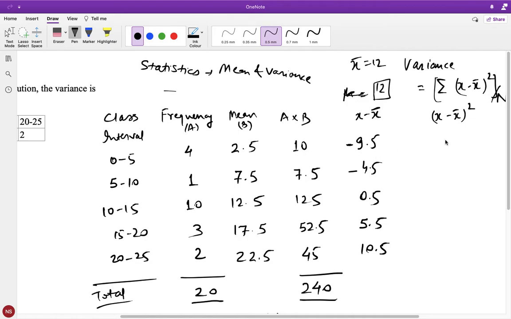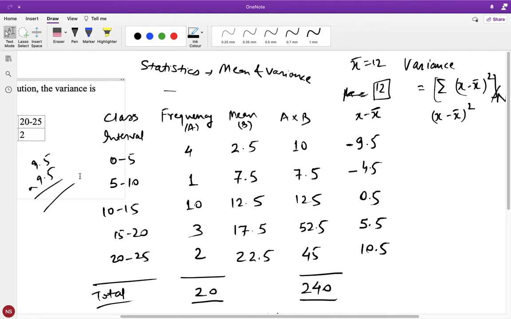This is minus 9.5, so 9.5 square, and then 4.5 square, and then 0.5 square, and then 5.5 and 10.5 square.